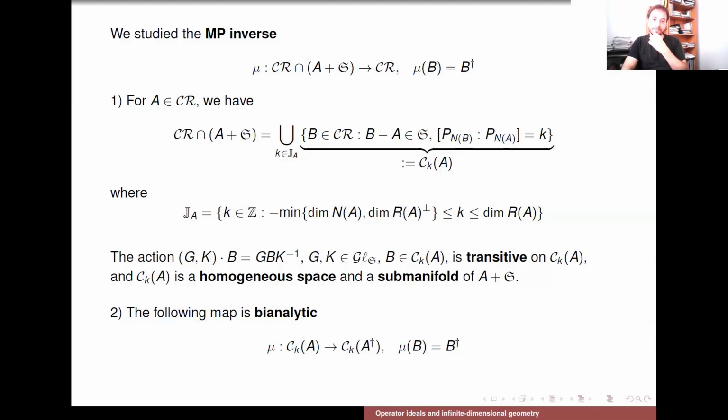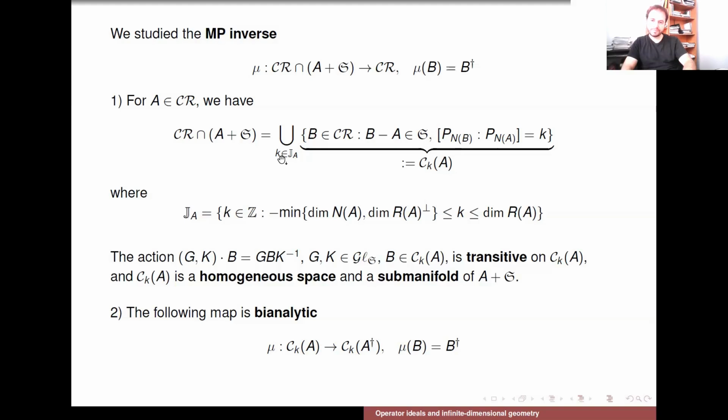We know that this index between the difference of two closed-range operators is well defined, so we will decompose into disjoint sets according to the value of that index. We will call these sets Ck of A.